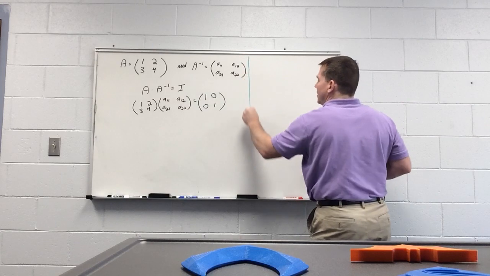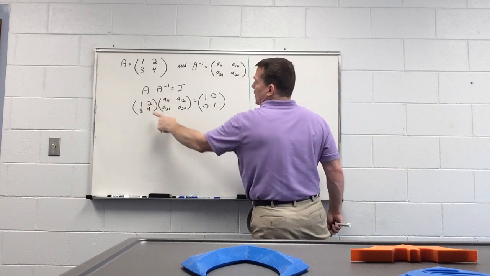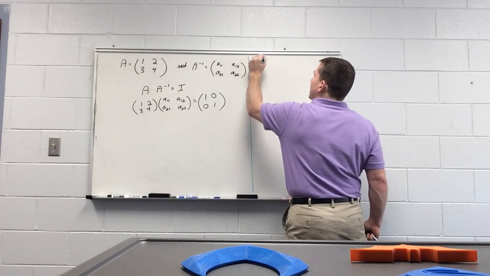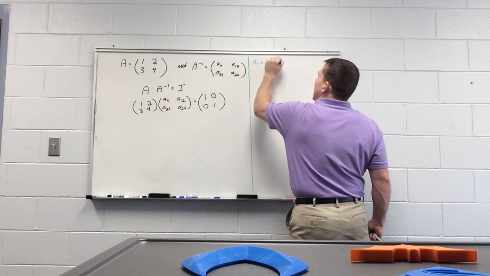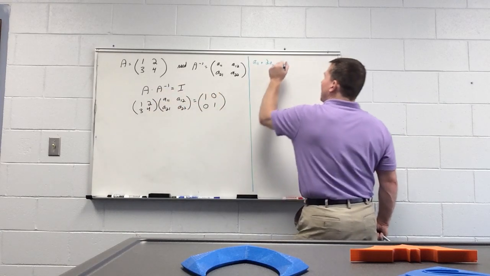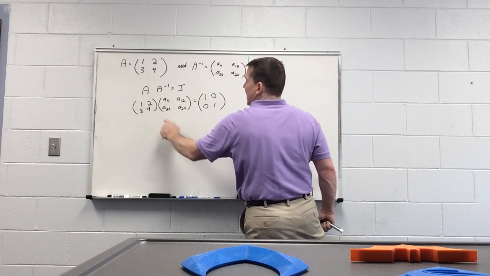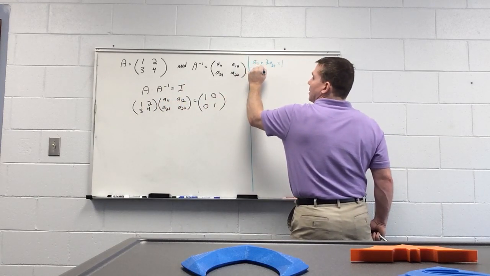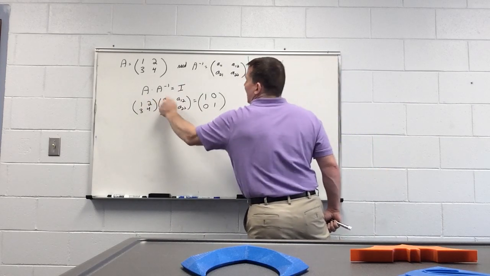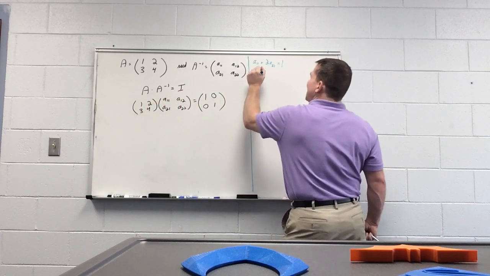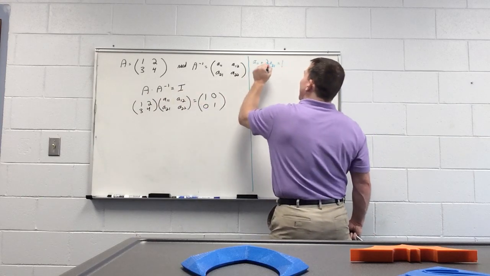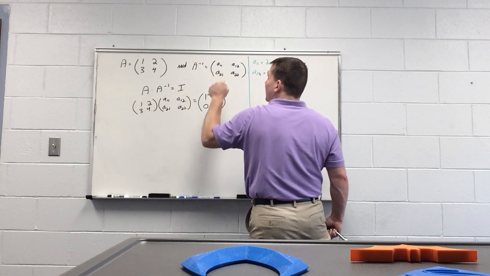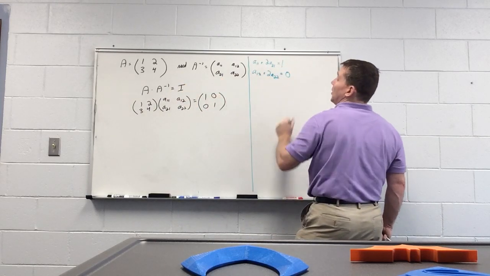So right over here, let's see. First row, first column. A11 plus 2A21 has to equal first row, first column, 1. First row, second column, A12 plus 2A22 has to equal 0.